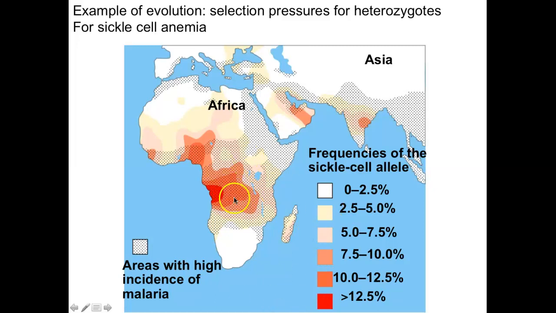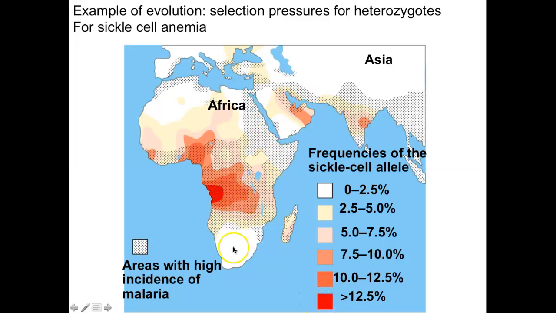But where you have malaria, that sickle cell allele is actually protective. If you're a heterozygous individual for sickle cell, you don't get malaria. It's protected. So in areas where there's a lot of malaria, those dots, deep in malaria country, you have a high frequency of the sickle cell allele.